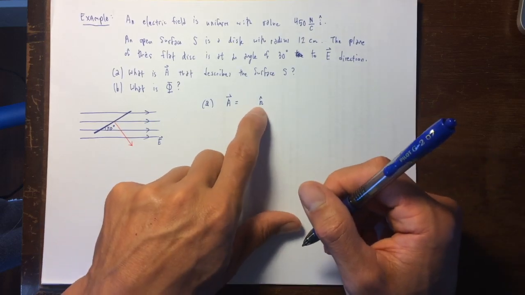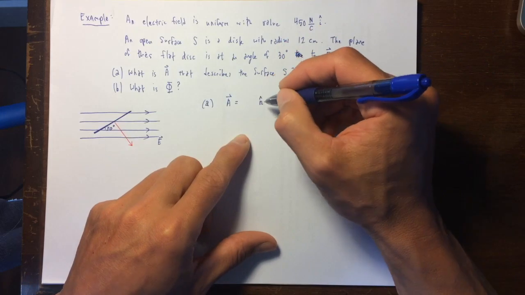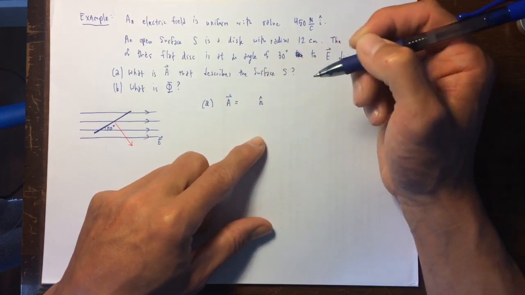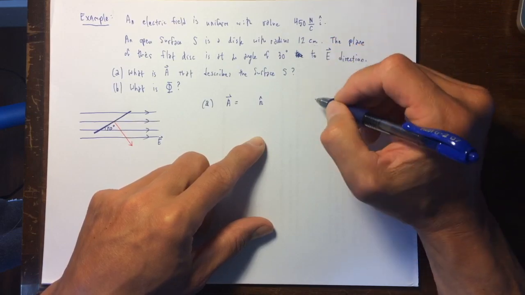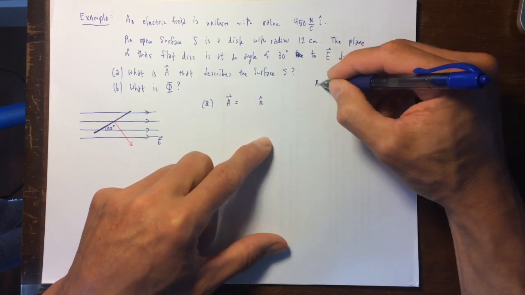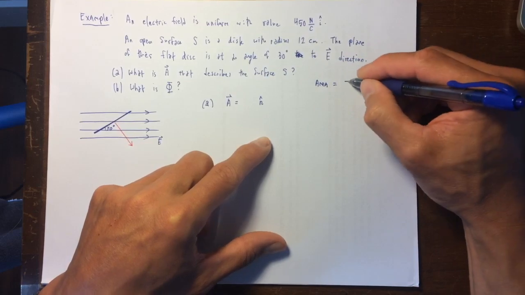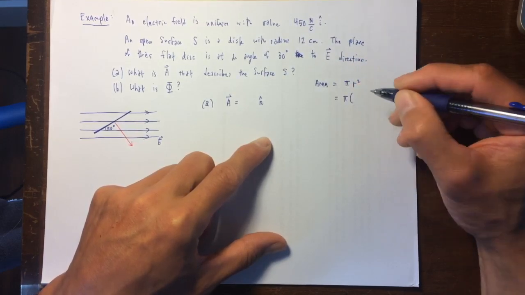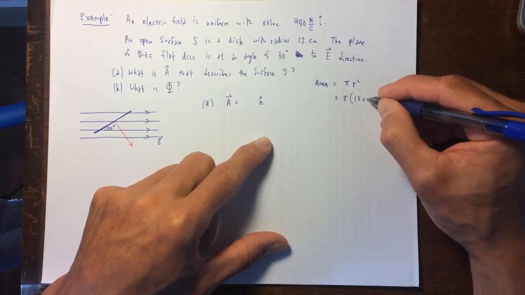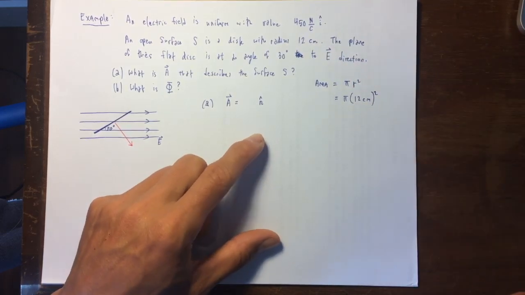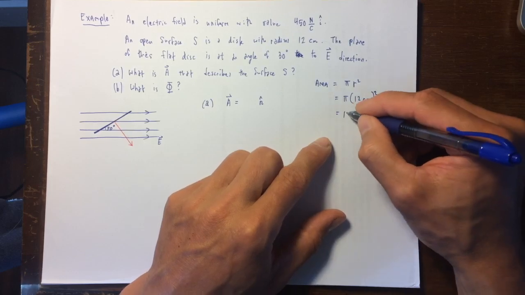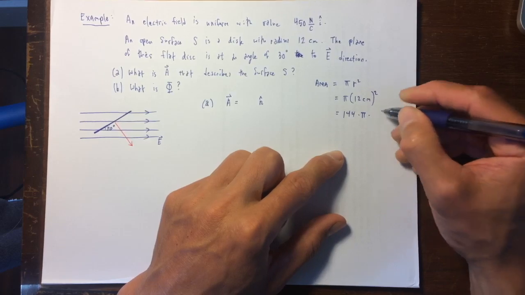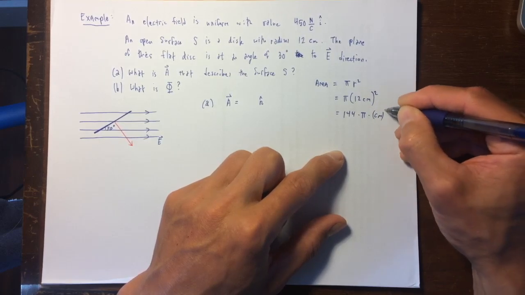And then the magnitude that we use is just the area, so the area of a disk of 12 centimeters of radius. The area is pi r squared. So it's pi times the radius, which is 12 centimeters, all squared. So this looks like 144 pi centimeters squared.